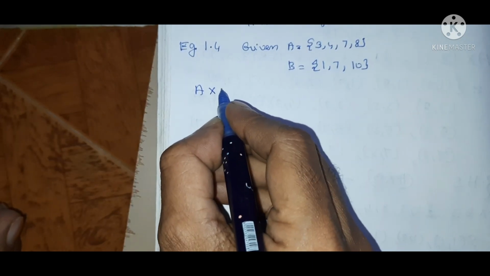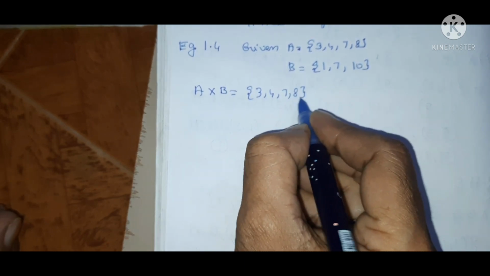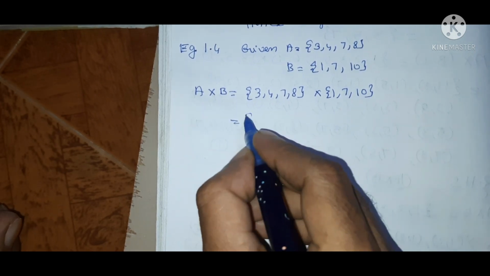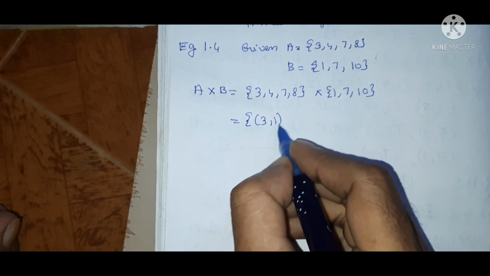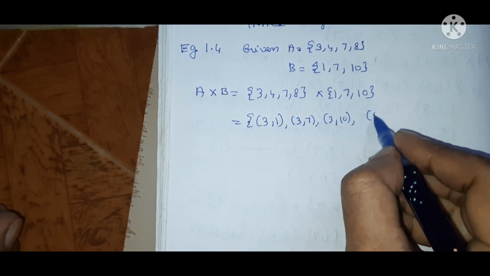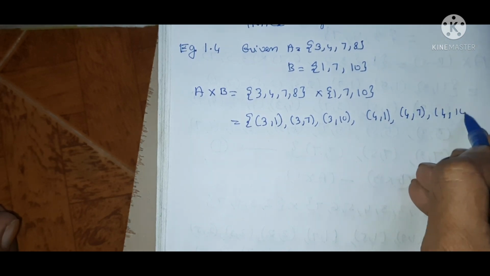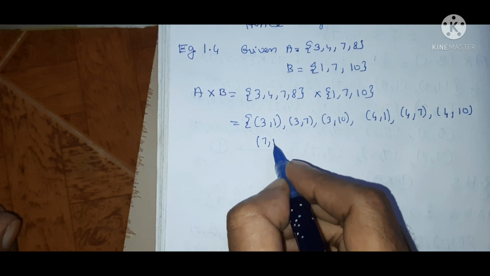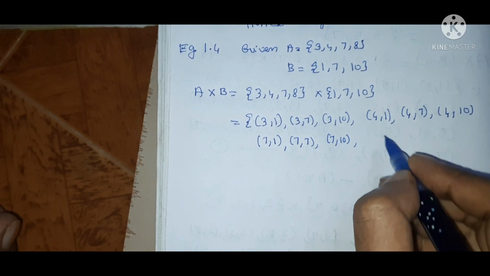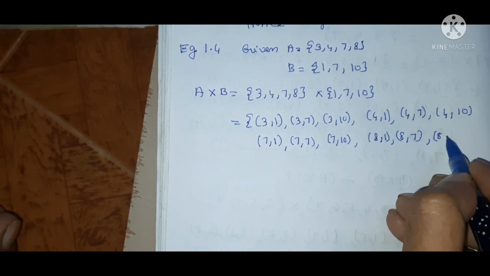A cross B is the set of ordered pairs (3, 1), (3, 7), (3, 10), (4, 1), (4, 7), (4, 10), (7, 1), (7, 7), (7, 10), (8, 1), (8, 7), (8, 10).